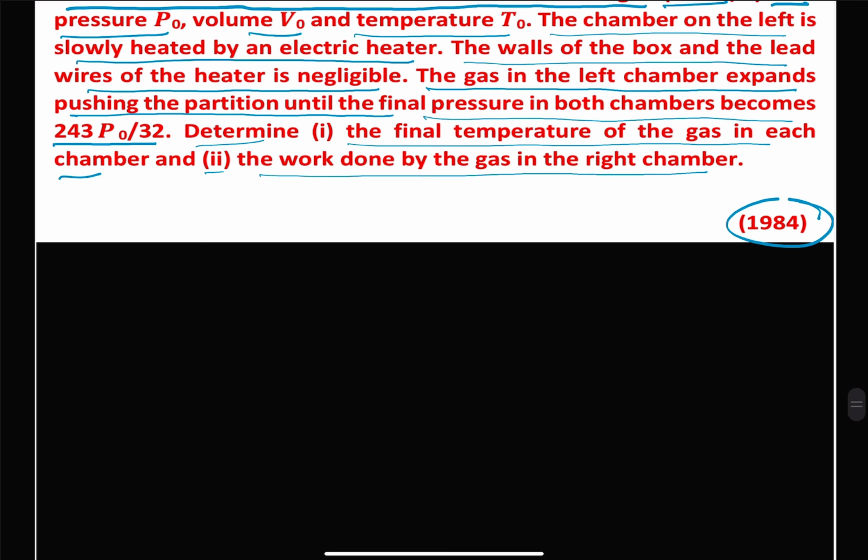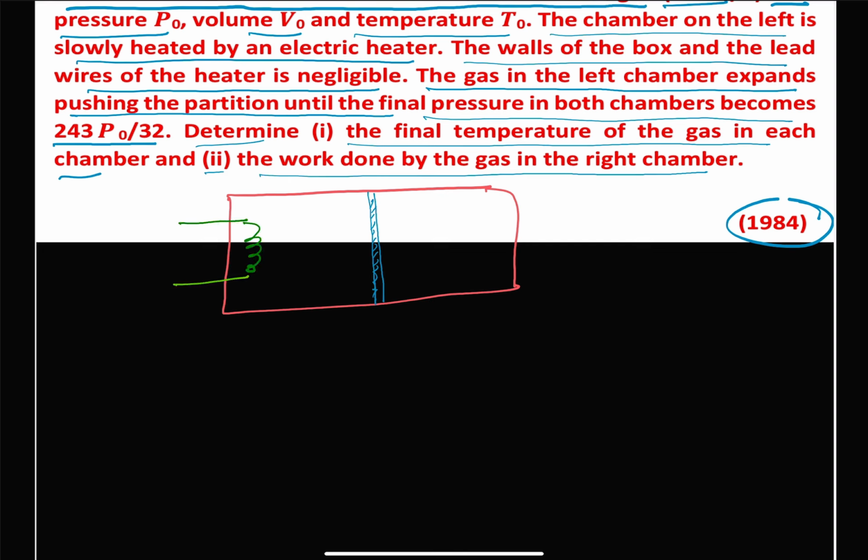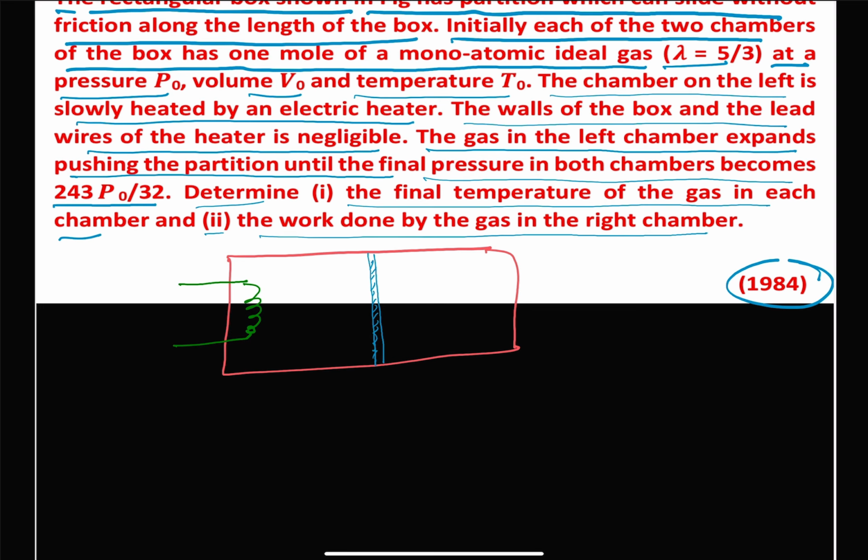So the basic figure is something like this. And in between there is, you can say, a partition which can slide, and on the left side we are given a heater. Okay, this is the basic figure given to us, and initially the pressure is P0, volume V0 and temperature T0.